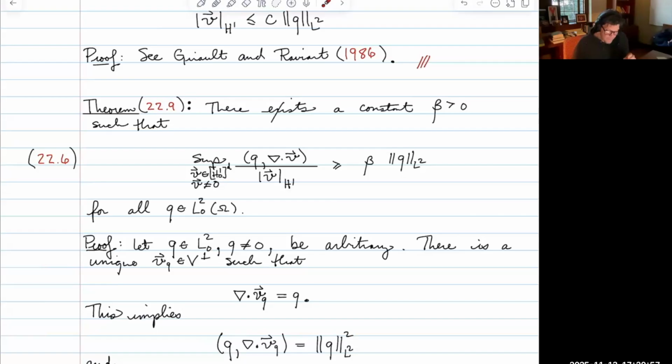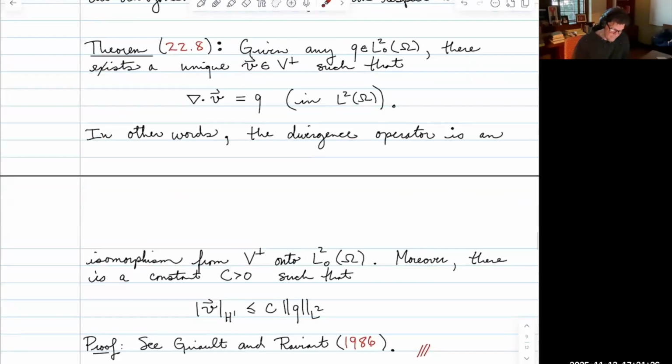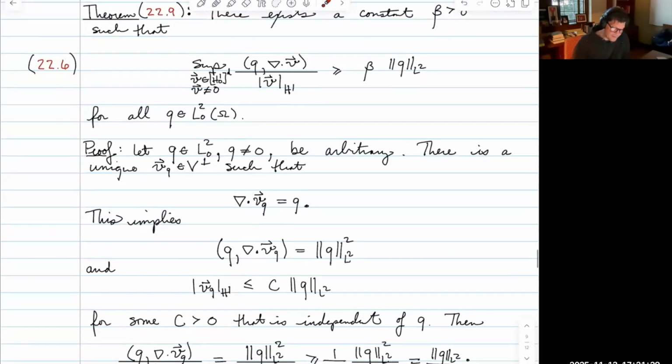It just so happens that when we're doing a certain construction, this quantity pops up again and again, and so the inf-sup condition becomes important. But we've run out of time to discuss why, so we'll pick up there next time, prove this using that last fact, and then I'll show you why it's useful in showing some properties of the Stokes problem. That'll have to wait until next time.